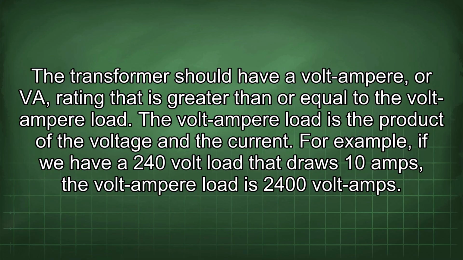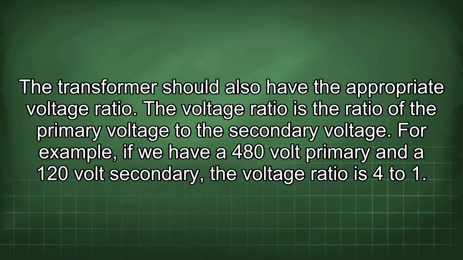For example, if we have a 240 volt load that draws 10 amps, the volt-ampere load is 2400 volt amps. The transformer should also have the appropriate voltage ratio. The voltage ratio is the ratio of the primary voltage to the secondary voltage. For example, if we have a 480 volt primary and a 120 volt secondary, the voltage ratio is 4:1.